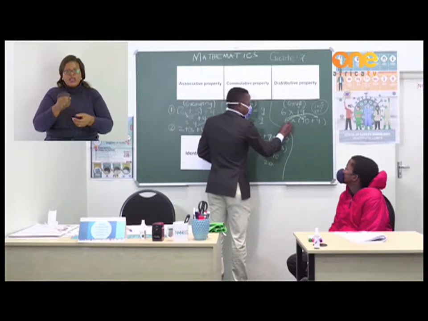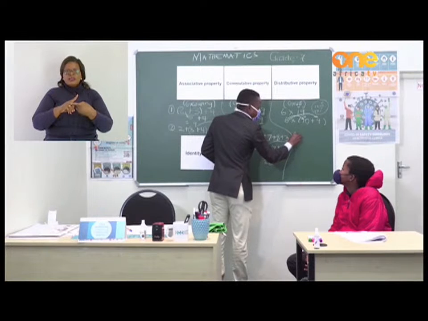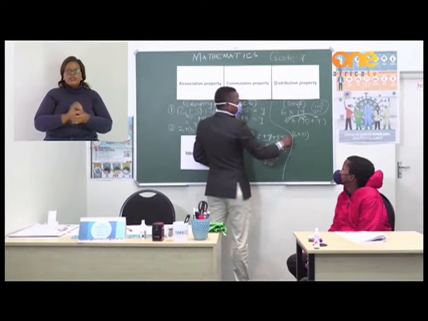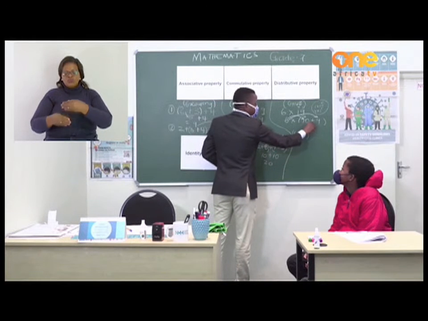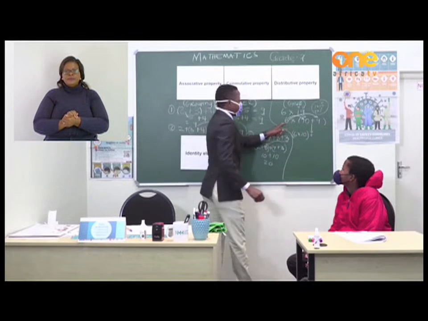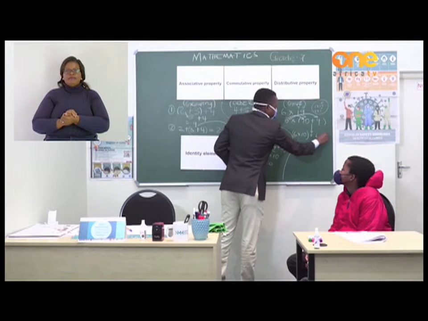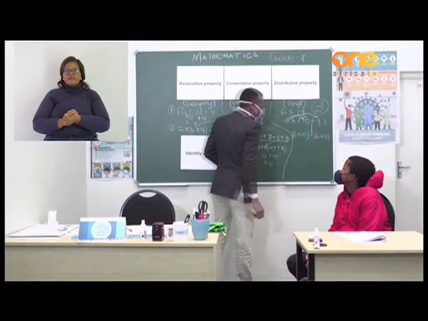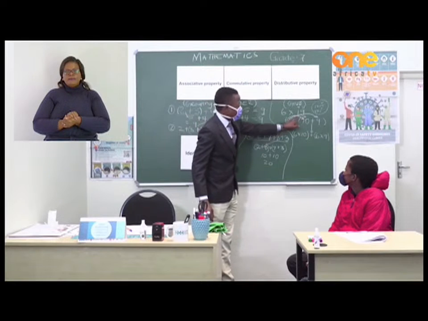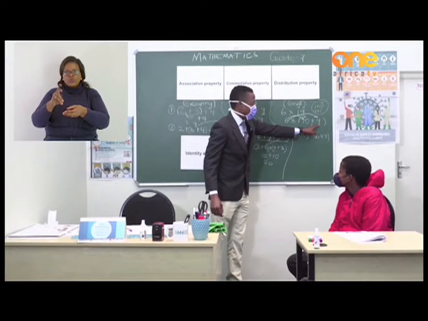So you have 6 times 10. There is addition here, which has to come down, plus 6 times 9. 6 given to 10, 6 given to 9.